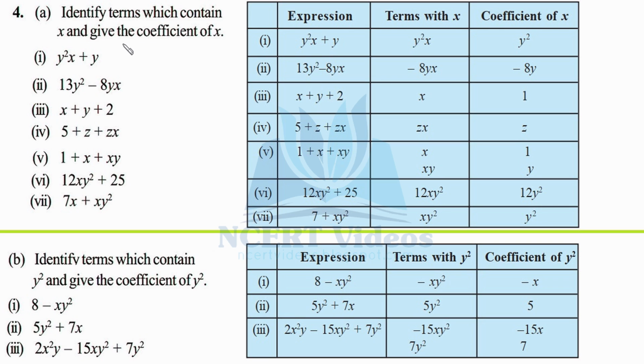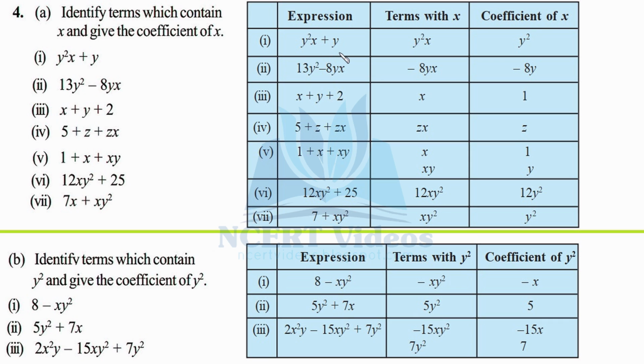And then after doing so, we have to give their coefficient, that is the coefficient of x. So first of all, we will form a table containing 4 columns, 1, 2, 3, 4, writing headings as expression, terms with x and coefficient of x. And we will write all these expressions that are given in the question in this column.